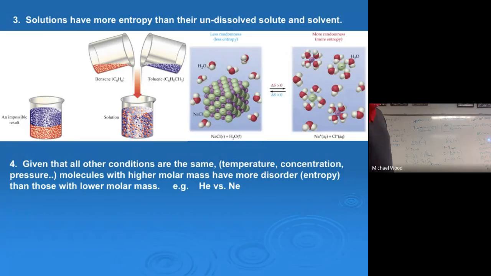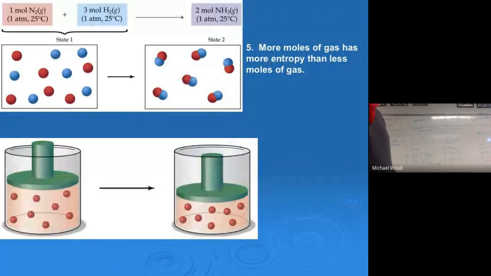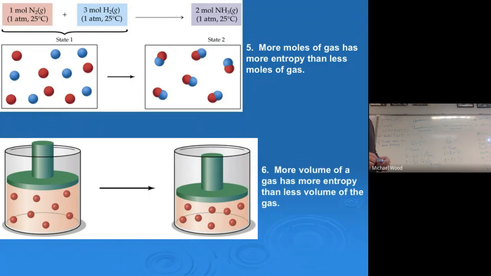Okay, so moving on. I'm trying to summarize things. More moles of a gas has more entropy than fewer moles of gas. That goes back to here. So the more gas you have, the more entropy, the more disorder we have. That makes sense. And the more volume a gas has, the more entropy.